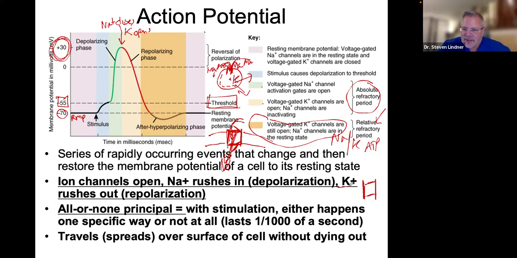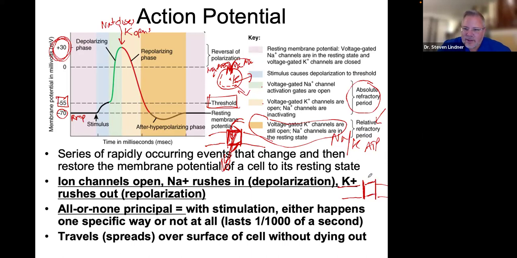And if this is the cell membrane, this first gate they call the inactivation gate, and the second gate is the activation gate. So in your books, you'll hear inactivation gate or activation gate, open or closed.